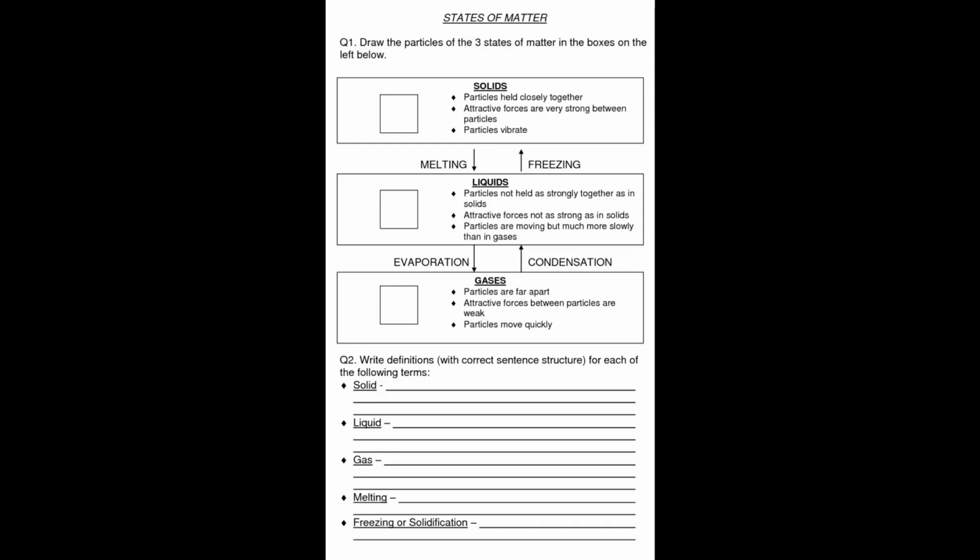I've left the description that I talked about next to it, so you can reread it, or if you want to go back and listen to what I said, you can do that as well. The characteristics for solids, liquids, and gases are here, and in the box, you can go ahead and draw the three states of matter. So that's question number one.